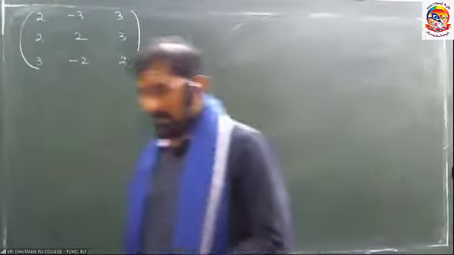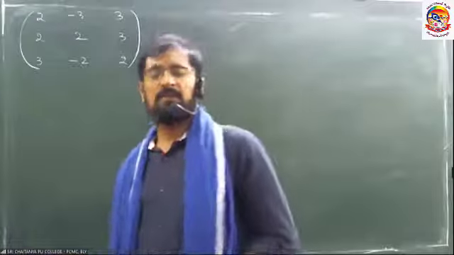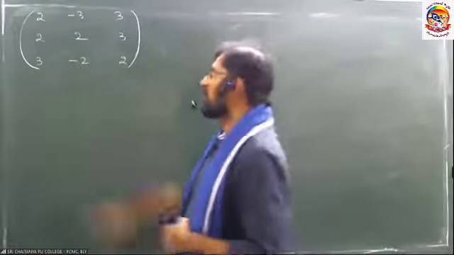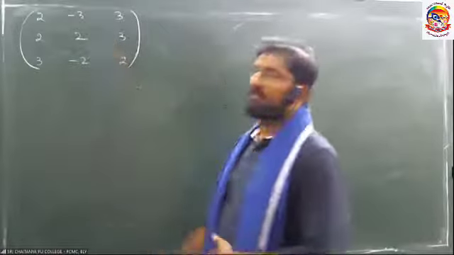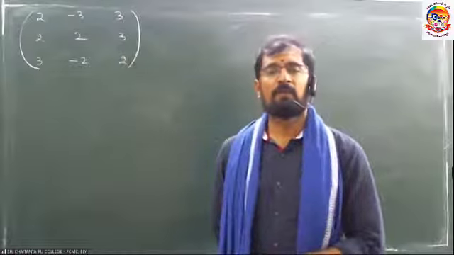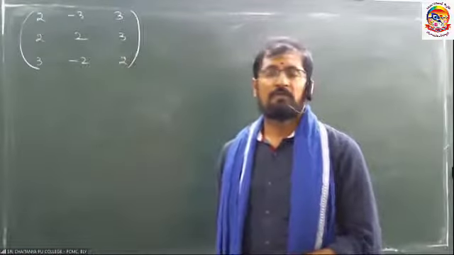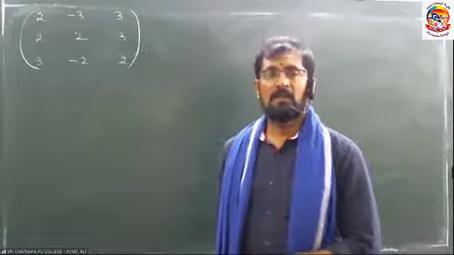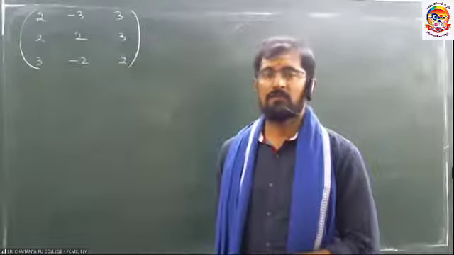I will give you just 2 minutes. Think, first of all, you should get this as 1, 0, 0, 0, 1, 0, 0, 0, 1. What are the rules and regulations you can follow? The first rule is you can interchange any 2 rows or 2 columns.